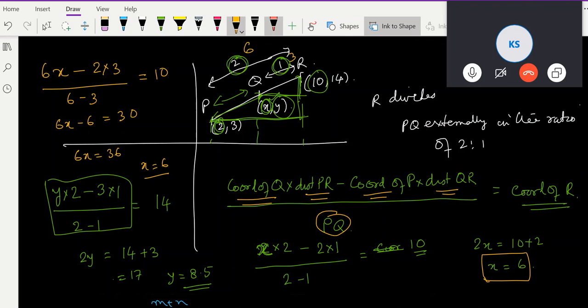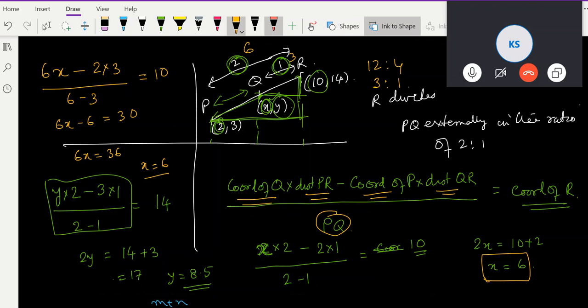In fact, in your exams, if you are given the ratio as 12 is to 4, always reduce it to the lowest ratio. So this is 3 is to 1, and then calculate. It will give you the same answer.